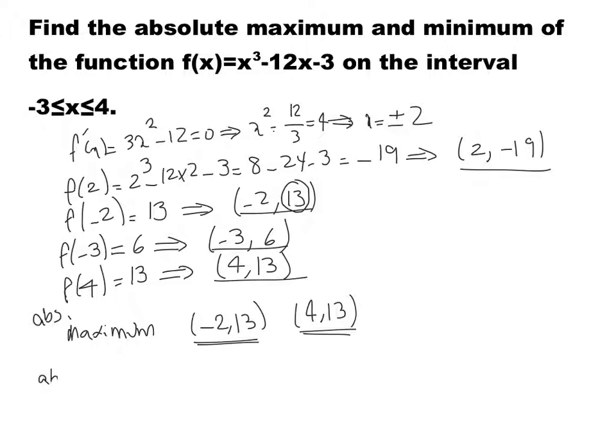The absolute minimum is going to happen at negative 19. So we can say that at 2, negative 19, this is a local minimum and also the absolute minimum.